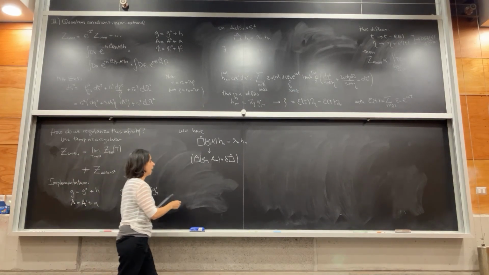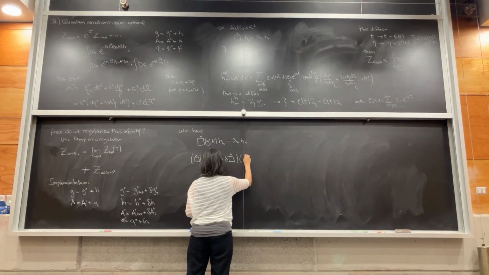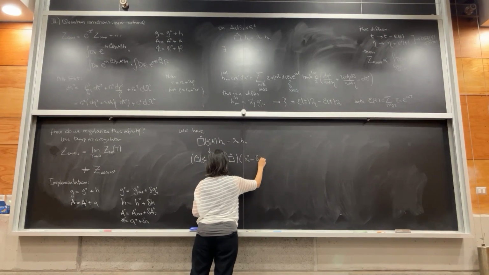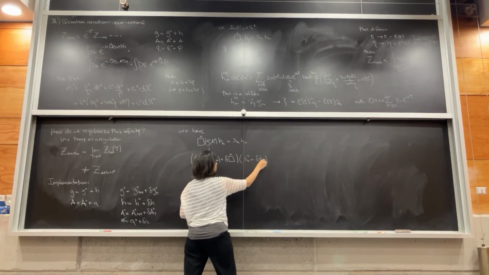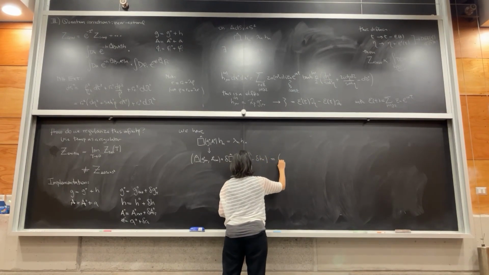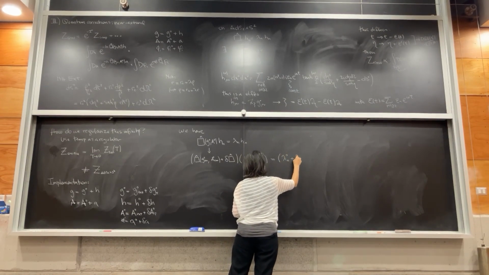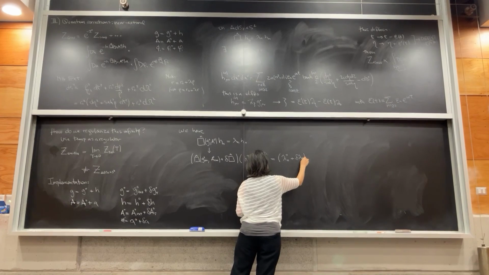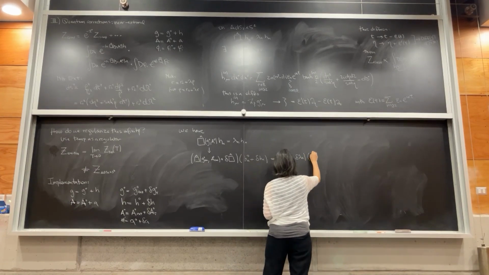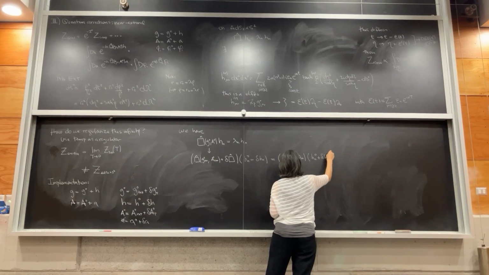And then the Hn will be its zeroth order plus delta Hn. On the other side of the equation, I will have the eigenvalues at zeroth order plus corrections to the eigenvalues, and again Hn0 plus delta Hn.